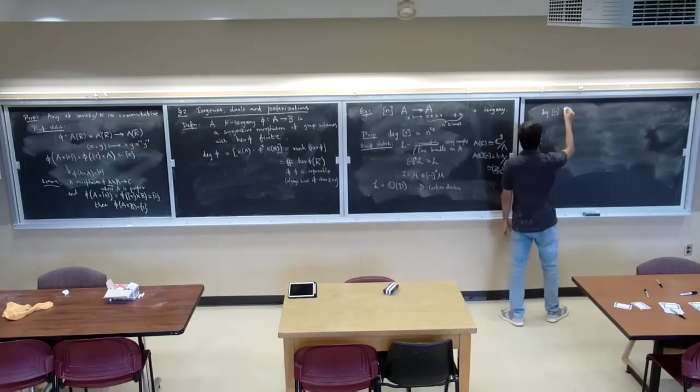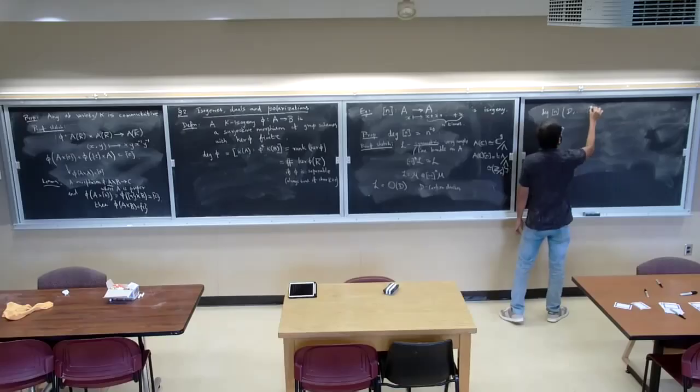I can compute it by taking the full intersection product of this divisor. So let me take the g-fold intersection product. So there are g copies.